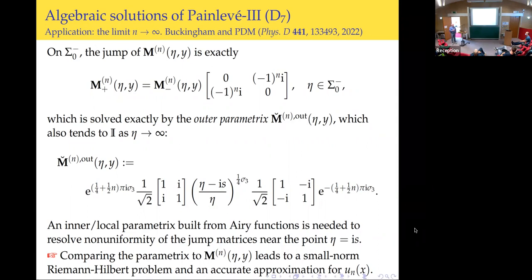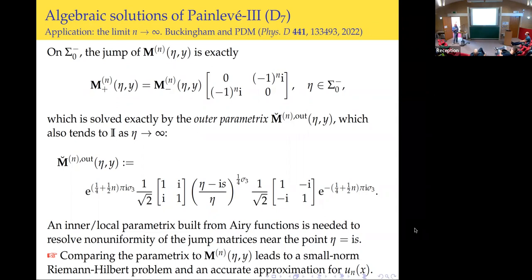And so it turns out that's pretty good, except there's one point, this point theta equals i s, where things are not so well approximated. There you have to create a local approximation that's built out of Airy functions, but that's a standard construction.